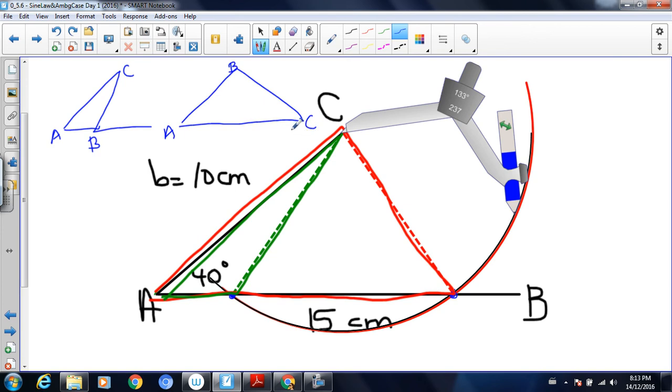Now, there are some things that you have to understand here. This angle is 40 degrees. That's angle A, and let me just get another color here. This angle here and this angle here are actually the same.